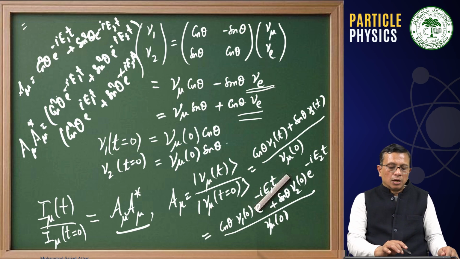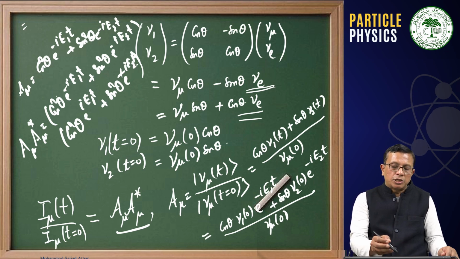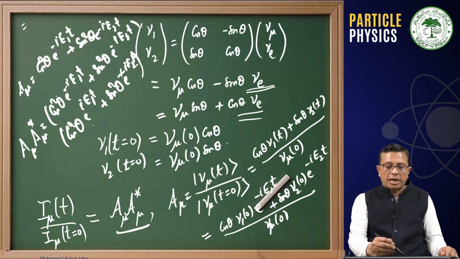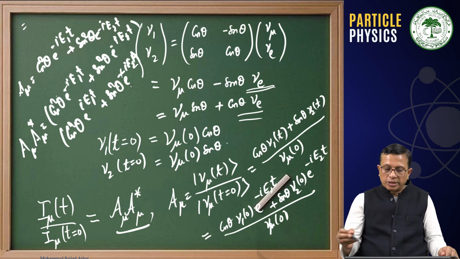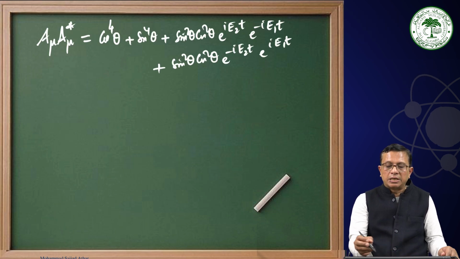As you can see, cos²θ times sin²θ e^(iE2t) times e^(−iE1t), plus sin²θ cos²θ e^(−iE2t) times e^(iE1t), plus this is sin⁴θ. Therefore, you have these four terms.